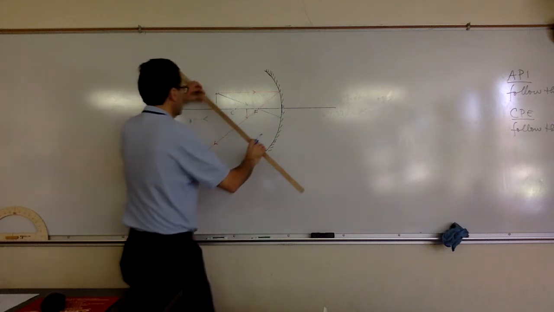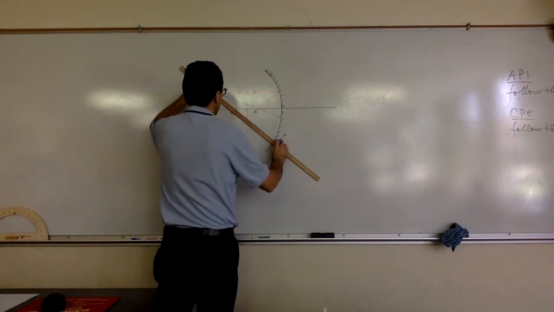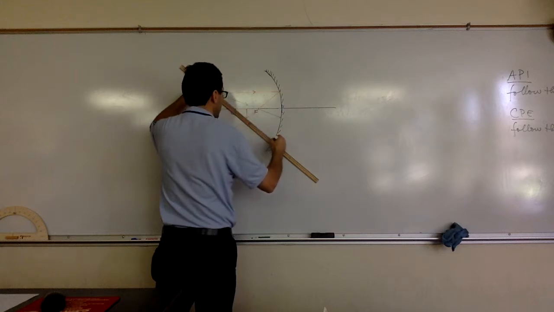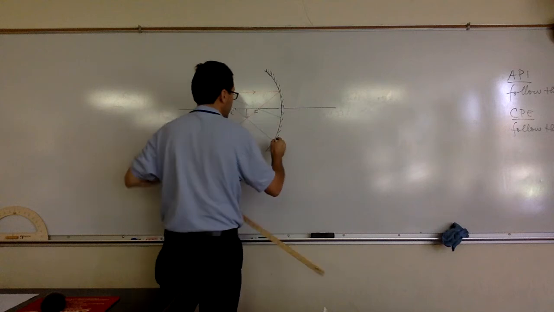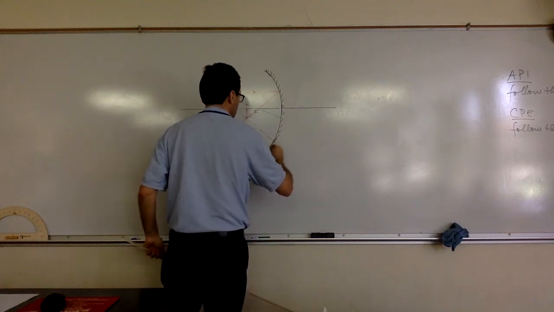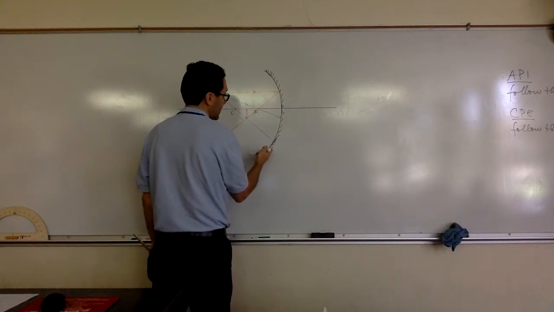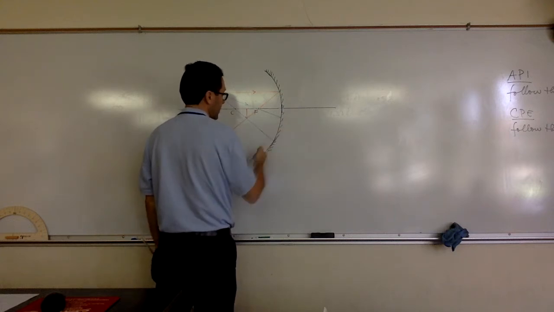Another way you could do this is anything that's going through the center, maybe I'll draw this one and I'll erase it. Anything that goes through the center will reflect back on itself. And the reason for that is because this is kind of like the radius, and it's perpendicular to the tangent to the mirror here.